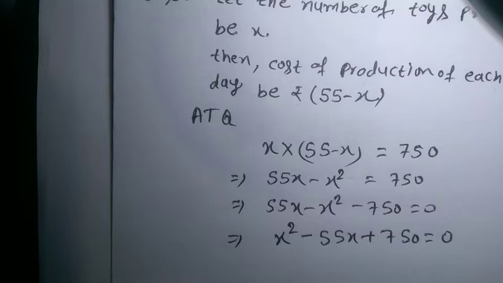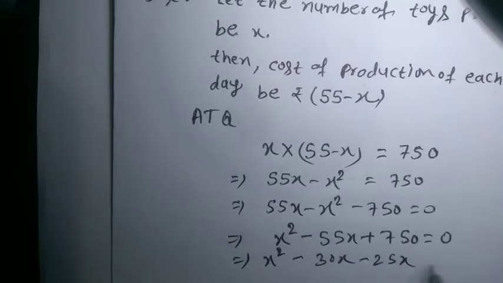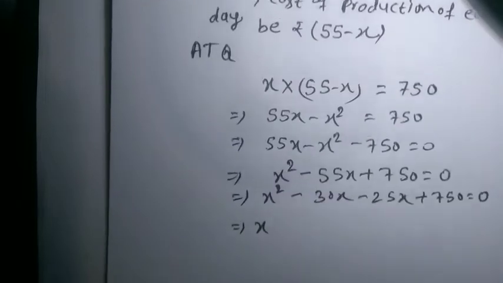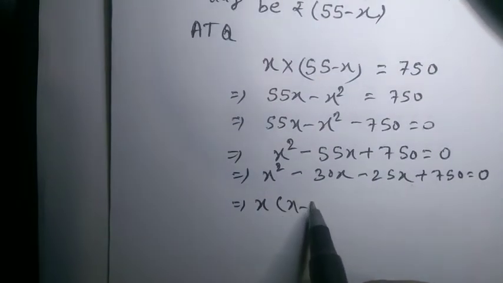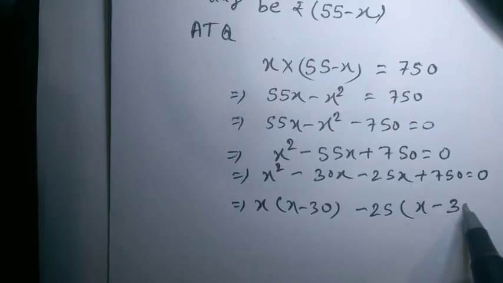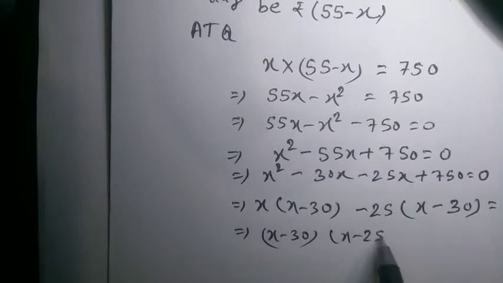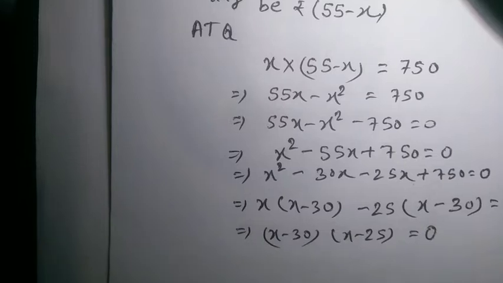So the numbers are 30 and 25. Implies x square minus 30x minus 25x plus 750 is equal to 0. Implies x is common, then x minus 30 minus 25 is common, then x minus 30 is equal to 0. Implies x minus 30 is common, then we get x minus 25 is equal to 0.